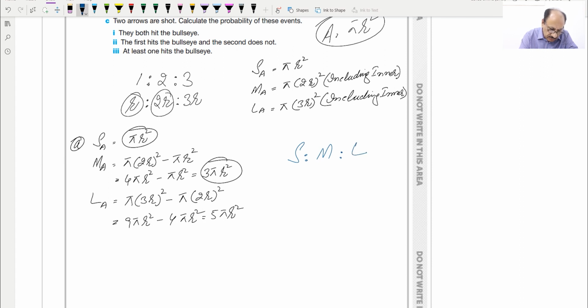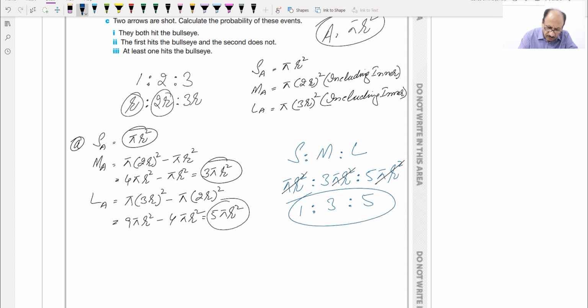We can write these three areas: pi r square, then 3 pi r square, and the large one will be 5 pi r square. And we can cancel pi r square. So what remains? The ratio 1 to 3 to 5. This will be our final answer for A part.